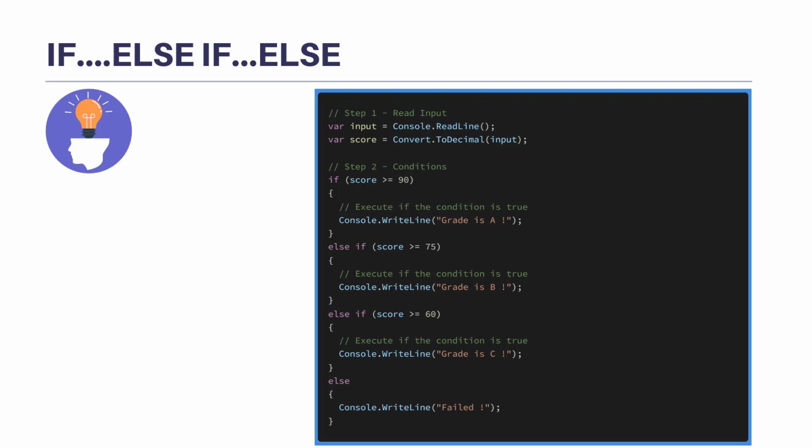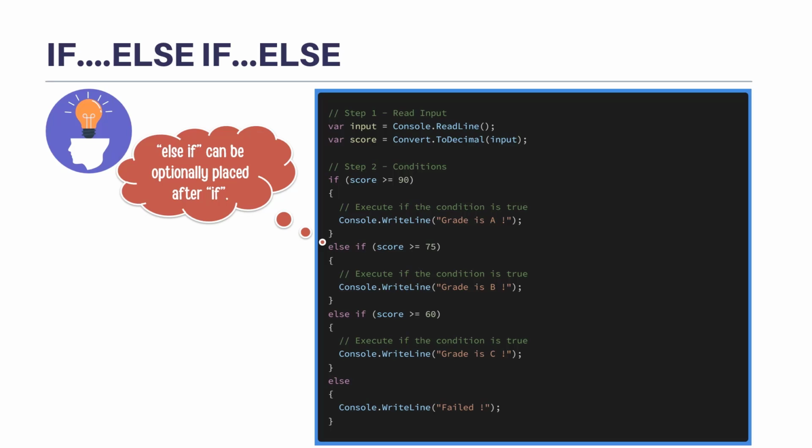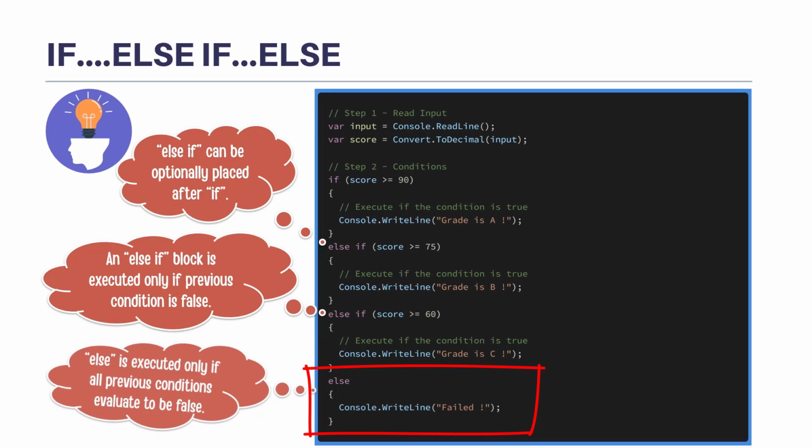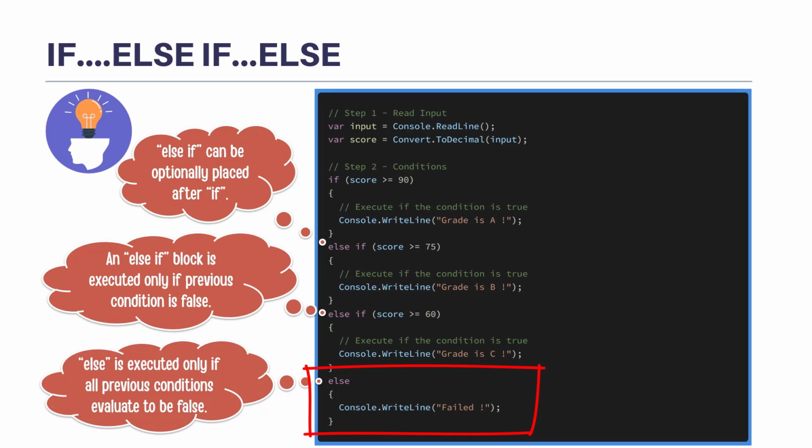When the condition specified in an else if block is not satisfied, then the next else if block is evaluated, and this goes on. If none of the else if blocks evaluate to true, then an else block is executed if it is present. So, the else block is executed only if all previous conditions specified using if statement or else if statements are false. Here also, the else block is optional. We can skip it if we don't need it.